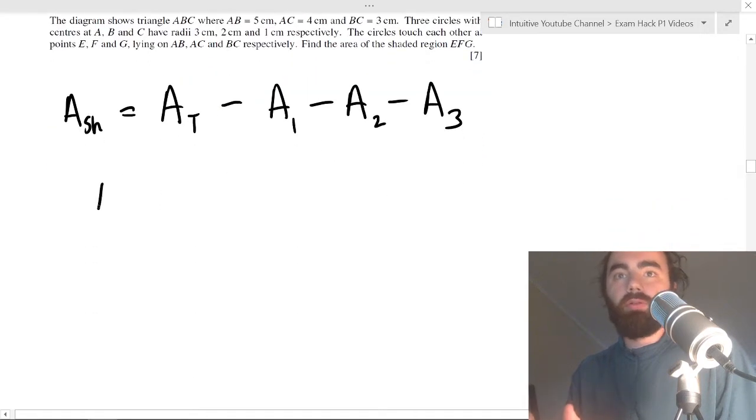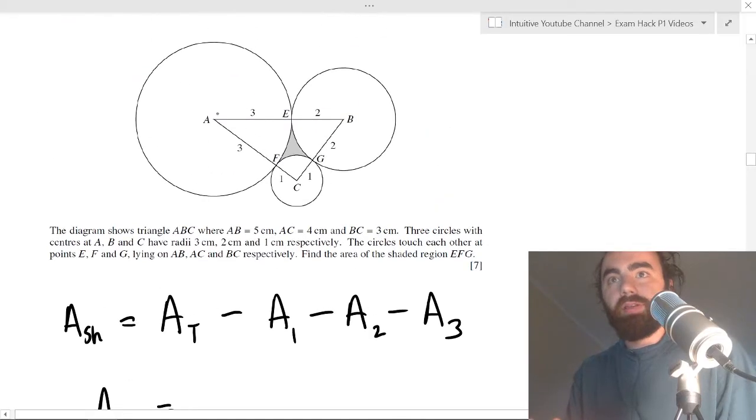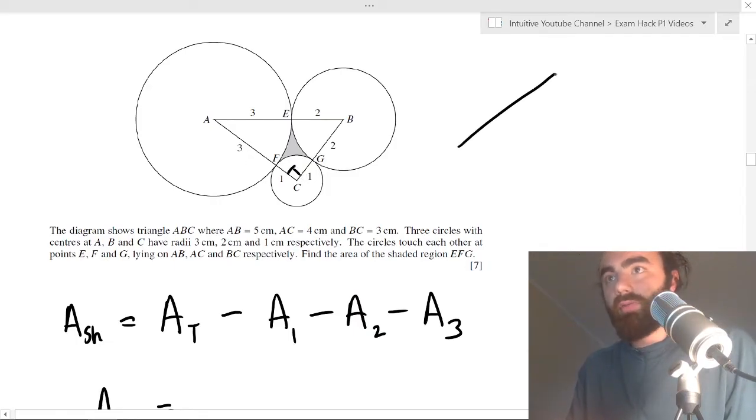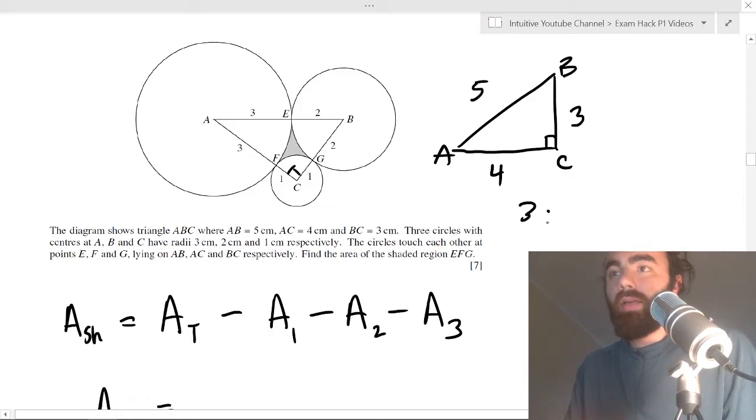So the area of our triangle is half base times height. And this is a right angle triangle. I'll tell you why I know that: let's look at this triangle, we just rotate it. This is A, B, and C. This length here is 4, this length here is 3, and this length here is 5. So any triangle with the ratio of its sides as 3, 4, 5 is a right angle triangle.